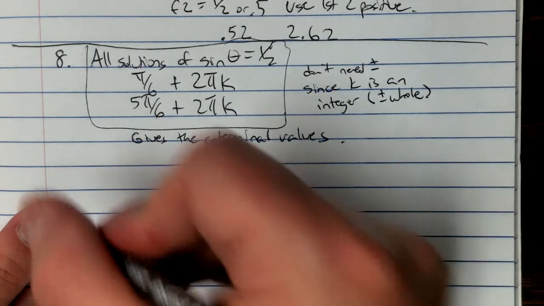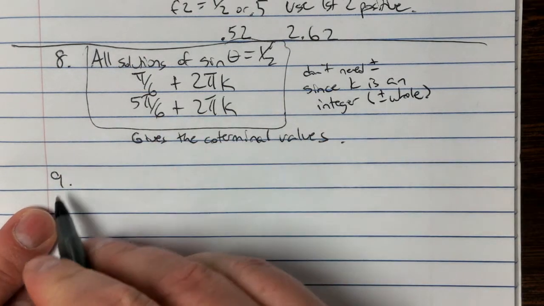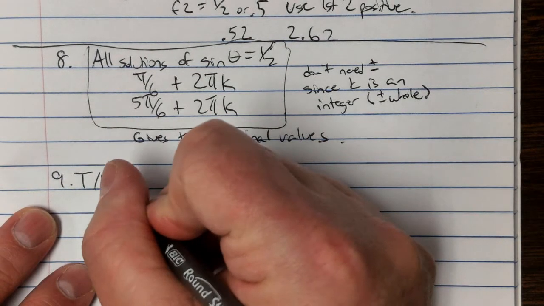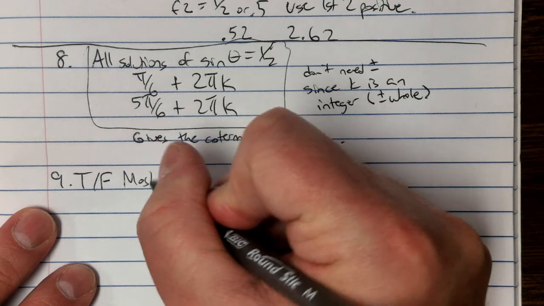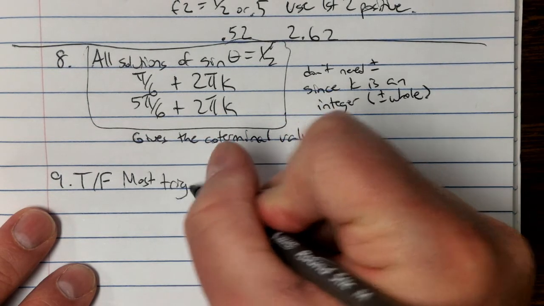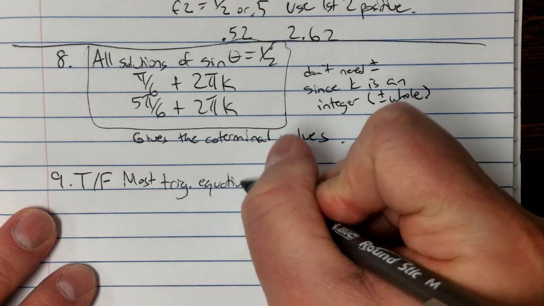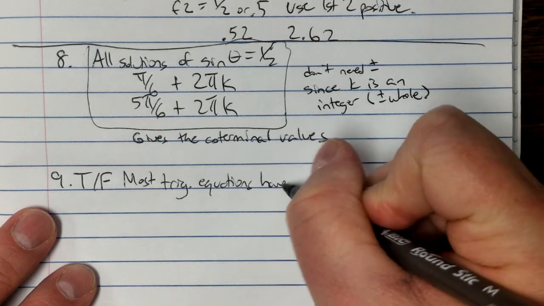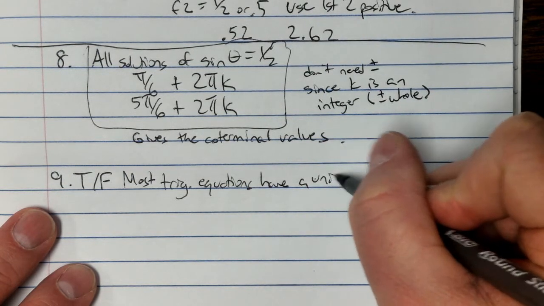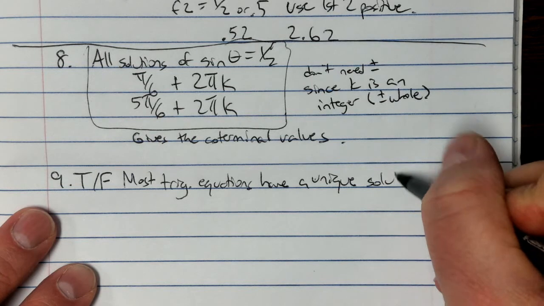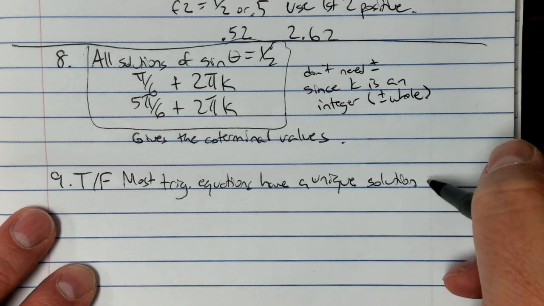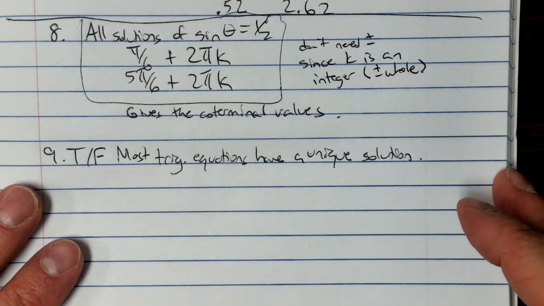Okay, number 9. This is a true-false question. It says most trig equations have a unique solution. True or false?